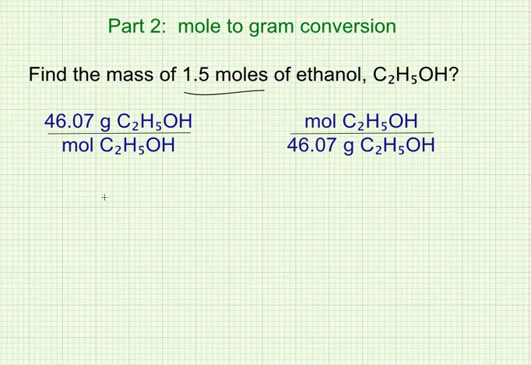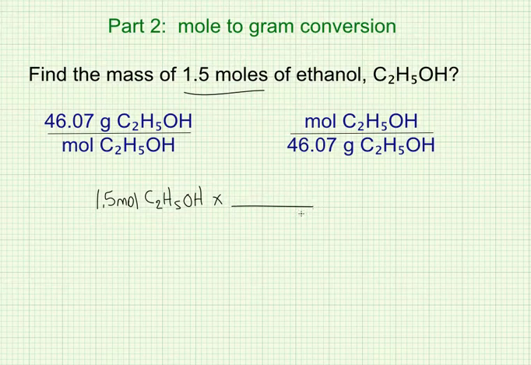So always start with what you're given, and we're given 1.5 moles of ethanol. Now what I'm doing right here is I'm showing work. There will be assignments where you have to show work, and this is what we're looking for. All right, so I need to multiply it by a ratio. Now we need to choose. I'm finding the mass, which means I want grams when I'm done.